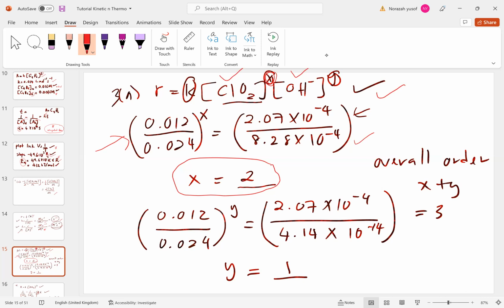So experiment 1 is 0.012 for ClO2, experiment 3 is 0.012 for ClO2, so it is suitable. Experiment 1 concentration of OH minus is 0.012, experiment 3 concentration of OH minus is 0.024. So the rate of reaction for experiment 1 is 2.07, experiment 3 is 4.14. So if you solve it, y should be 1. Why is it experiment 3 here?